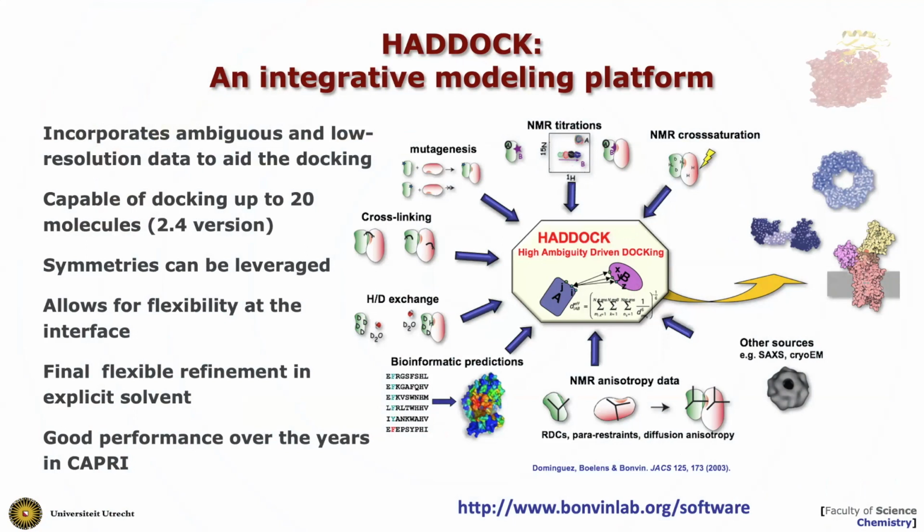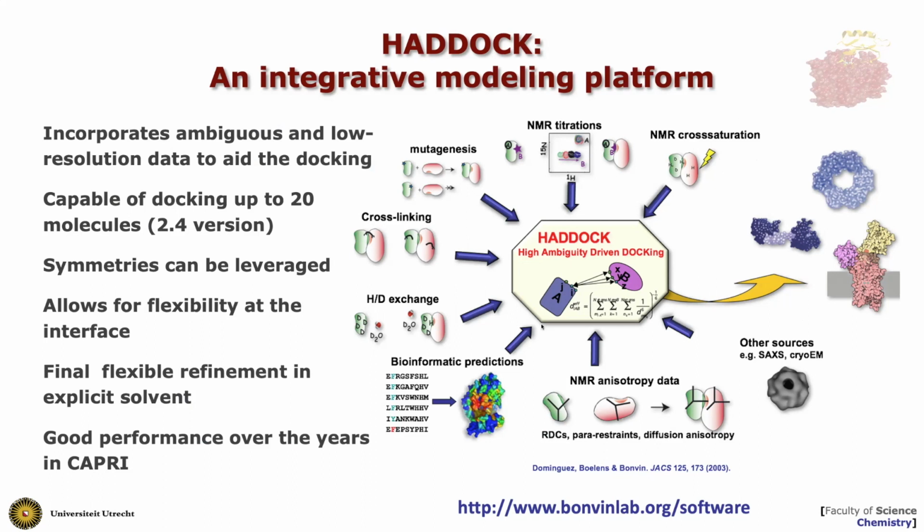And at the time, we figured out a way of basically using this information as restraints to guide the modeling process. And I already mentioned all those information sources, but these are all basically data sources which you can plug in one way or another into HADDOCK to guide the modeling process.